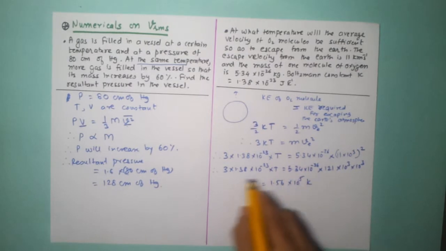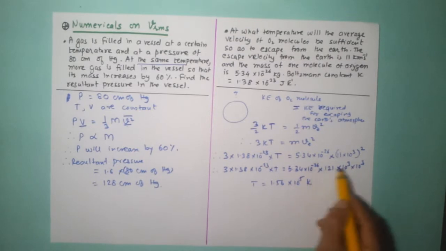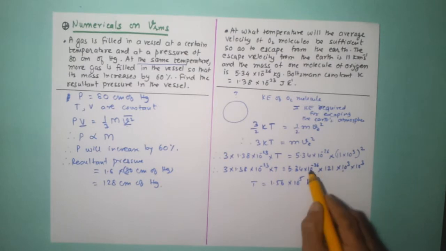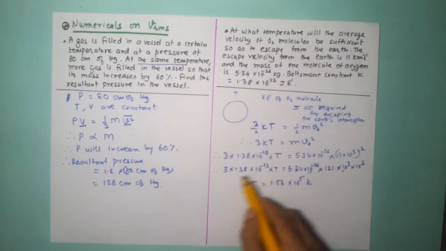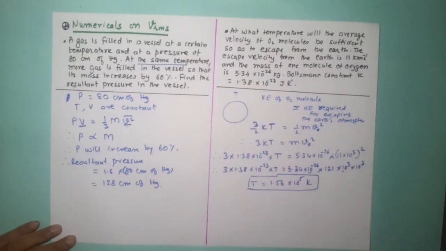To save time, I'm not doing this calculation. What you can do is that 10 raised to minus 26 and 10 raised to 3, if I multiply these two terms, I'll get 10 raised to minus 23. That can be cancelled with this, and you can go ahead like that, and you'll get final temperature as this.